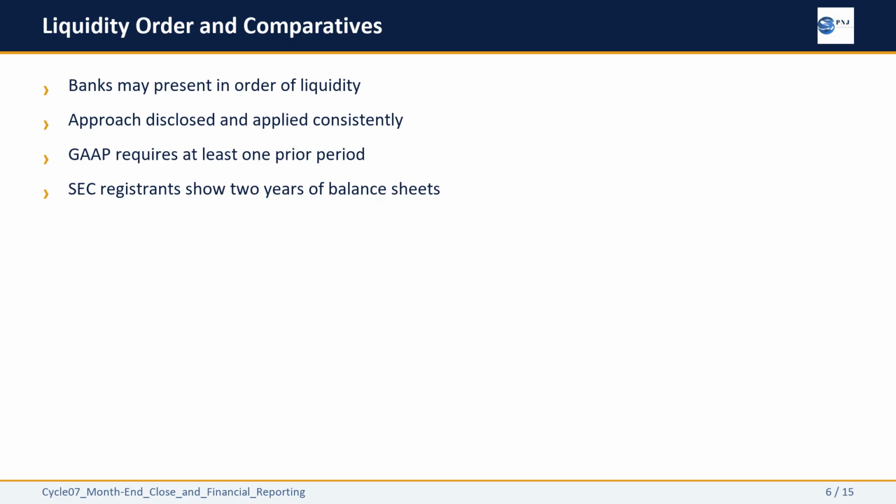Speaking of comparison, GAAP requires a comparative balance sheet showing at least the prior period alongside the current one. If you report to the Securities and Exchange Commission, the SEC, you must show 2 full years of balance sheets. Always tie every line back to the adjusted trial balance. With the balance sheet set, let us move to performance.